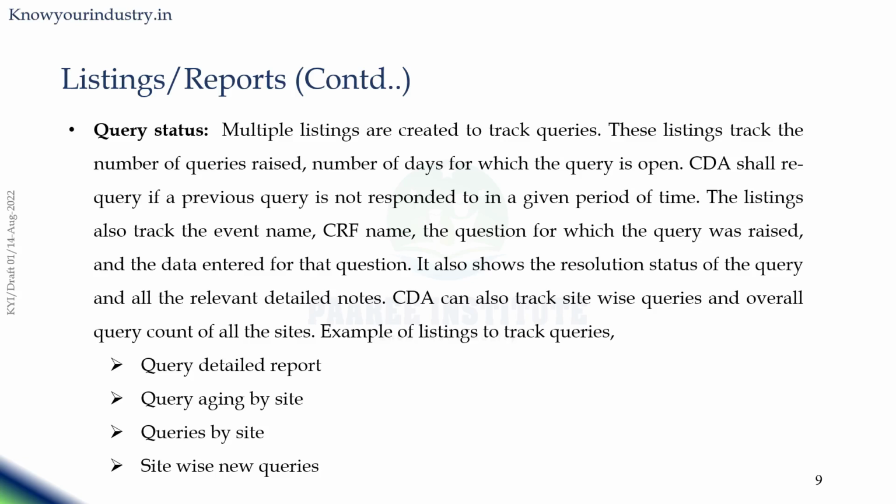It shows how long the query has been open, when it was raised, and whether it is system generated or raised by the site team, the study team or the data management team. All the detailed information will be available.